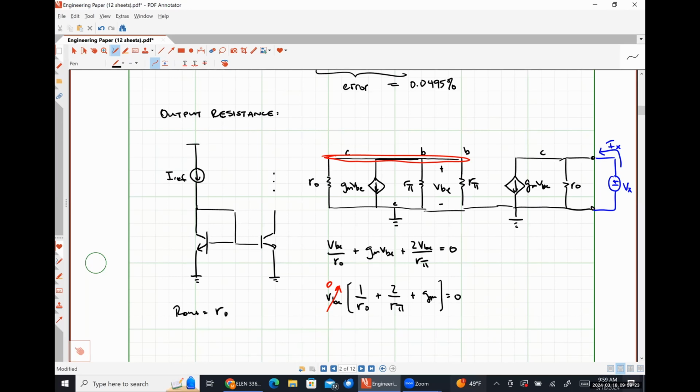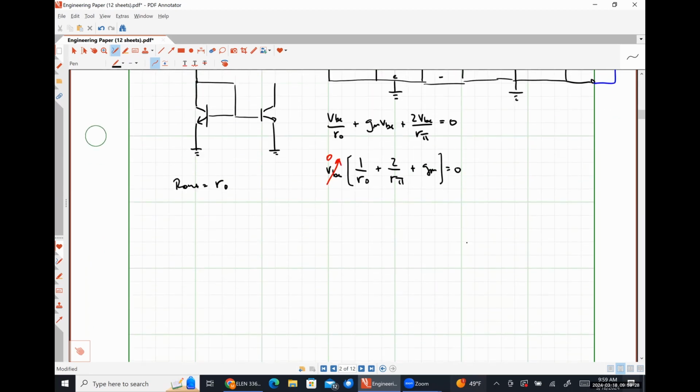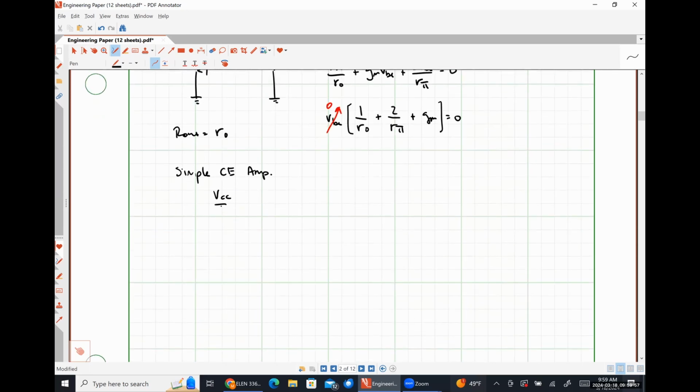Let's look at PNP current mirrors really quickly. All of the current mirrors that we've dealt with here were NPN current mirrors. Let me draw a simple amplifier here. So let's say that we had a simple common emitter amplifier where here is our supply voltage up top.